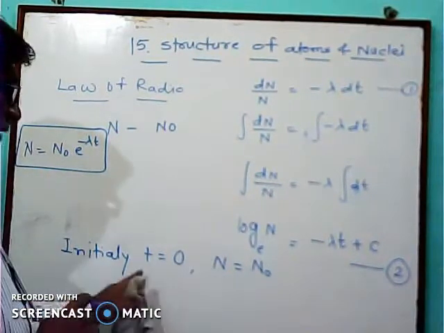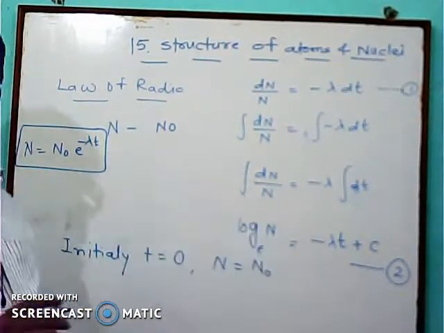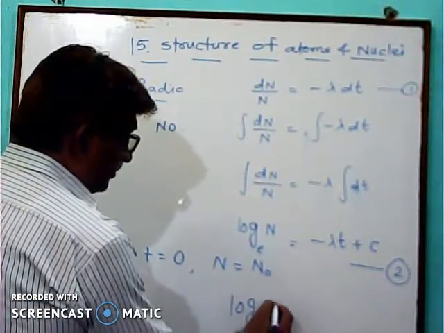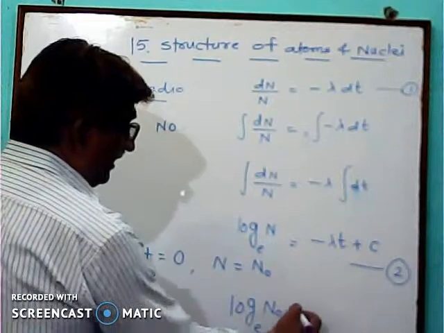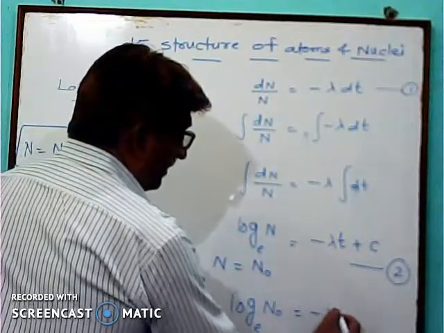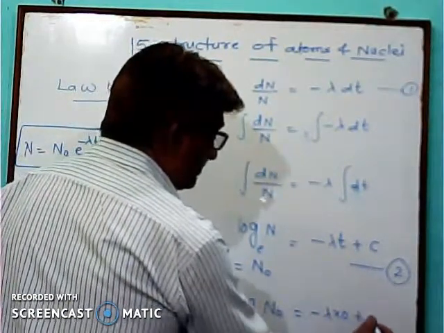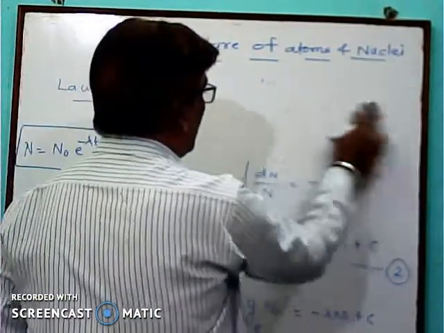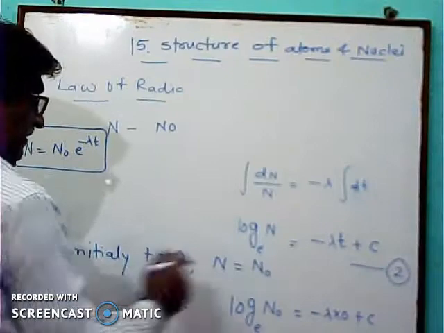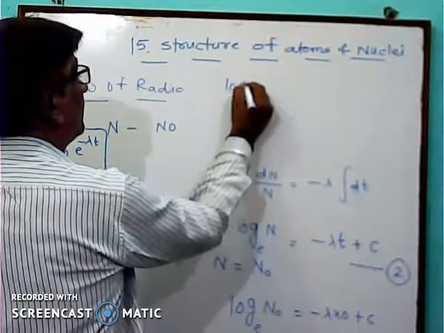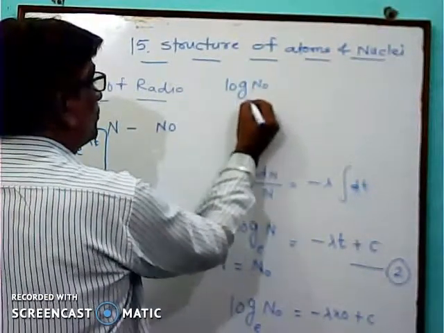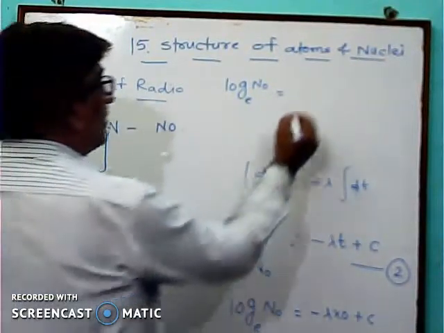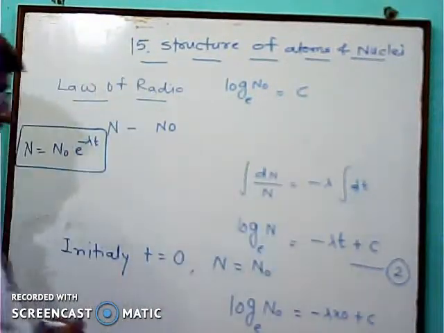If these two values are put in equation 2, then log of N0 to the base e is equal to minus lambda multiplied by 0 plus c. So log of N0 to the base e is equal to c.